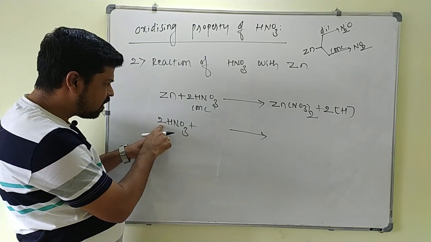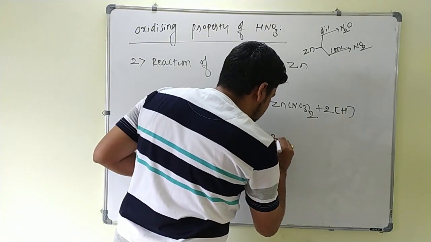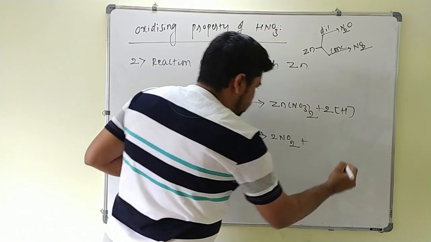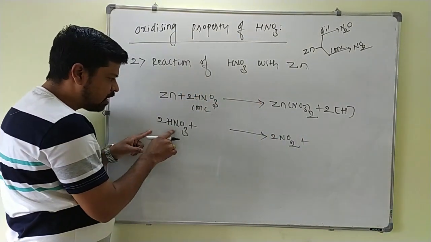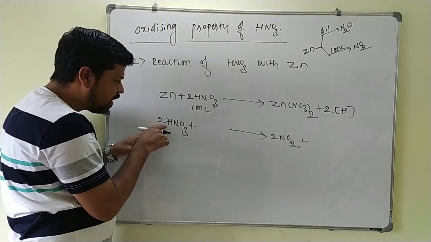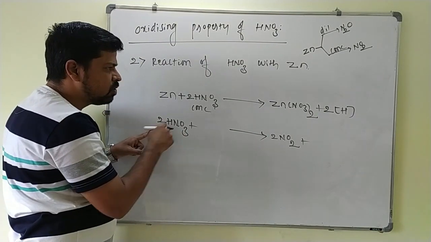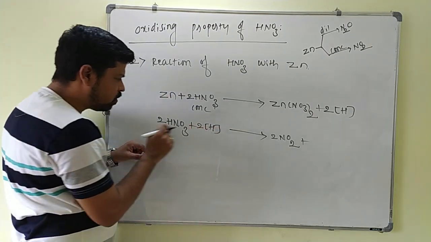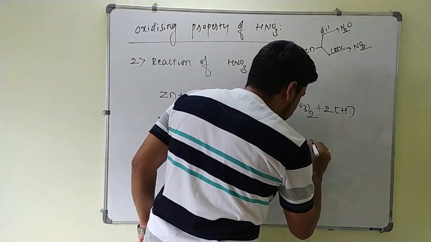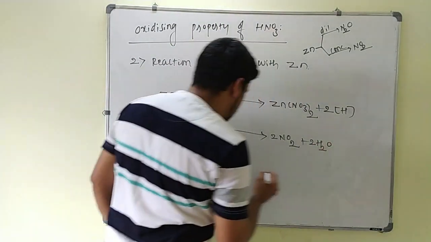So 2 nitrogens are there, you remove 2 times of NO2 first. If 2 times of NO2 is removed, what is remaining here? Yes, 2 oxygen and 2 hydrogen are remaining. So you take 2 hydrogen here, total 4 hydrogen, 2 oxygen. You can write 2 times of H2O.